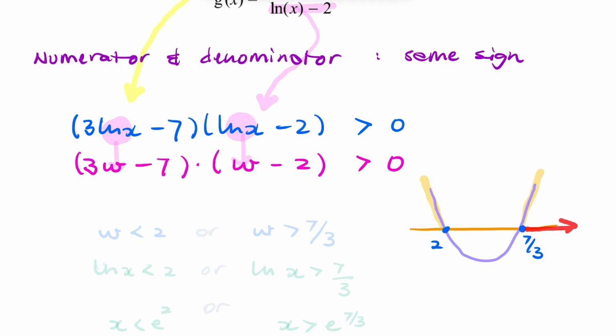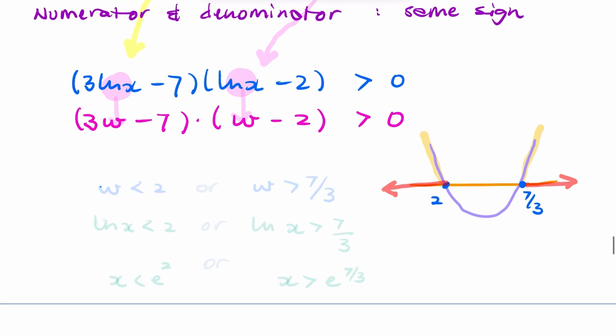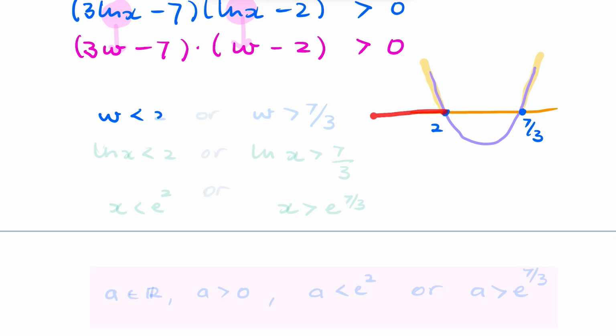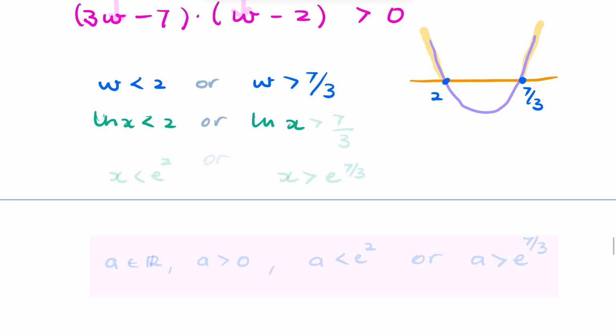So w in this case would have to be less than 2 or w greater than 7/3. And if we replace w with ln x, then we're going to have ln x less than 2 or ln x greater than 7/3.